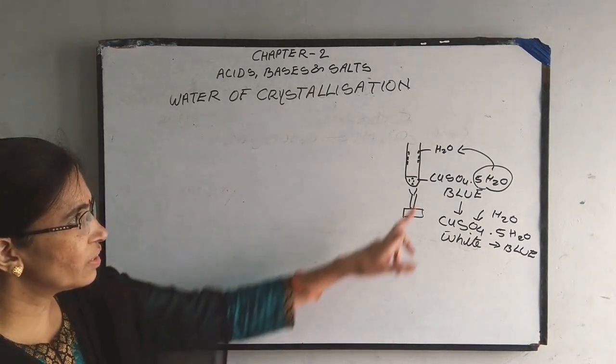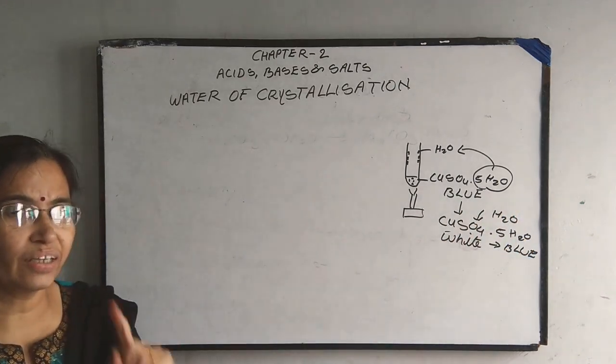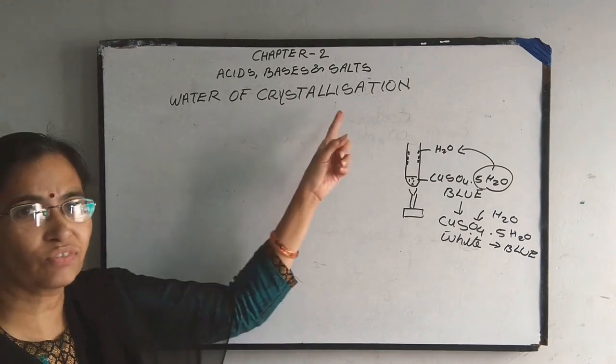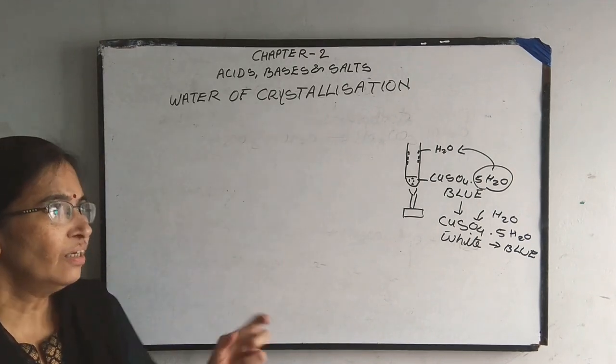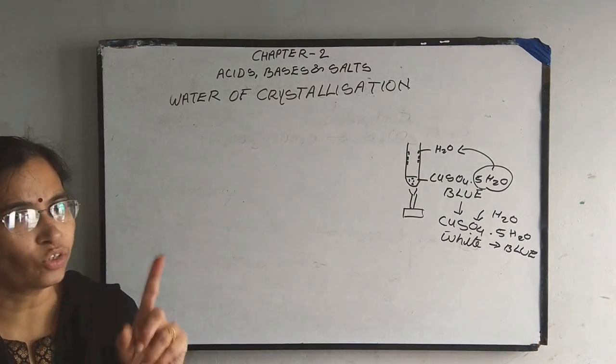So in copper sulfate it is dot 5H2O, and in washing soda it is dot 10H2O. Whenever the dot H2O is there, that is the water of crystallization, since it is the fixed number of water molecules present in one formula unit of a compound. Clear?